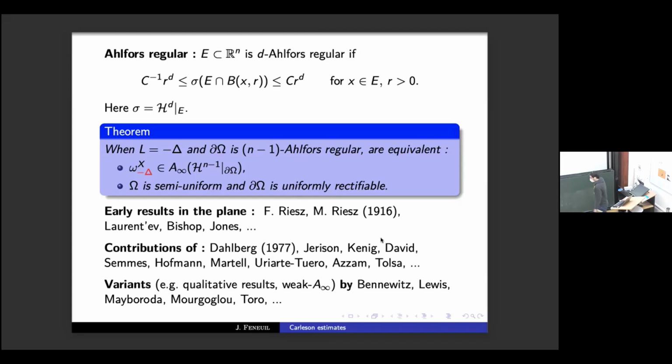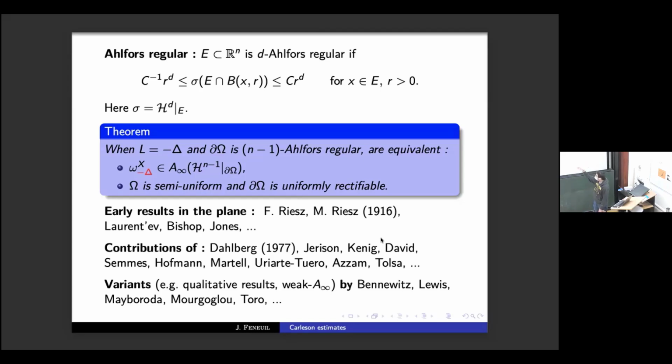So let's talk about, what condition do we need on the domain to have the A infinity condition on the elliptic measure? So we take the Laplacian. First, we don't look at the operator, we take the Laplacian.